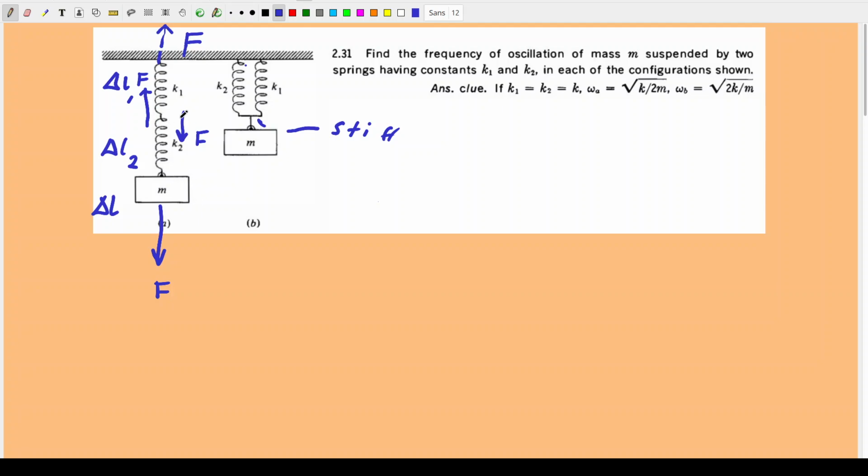So this point is not moving here, and you're applying a force F here.